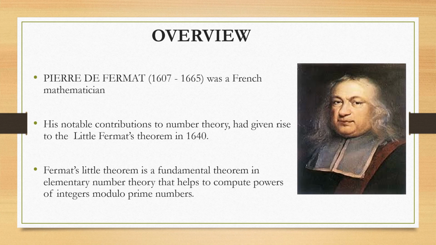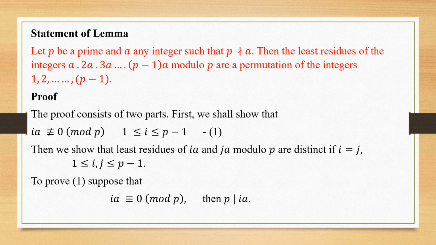Fermat's Little Theorem is a fundamental theorem in elementary number theory used to compute powers of integers modulo prime numbers. What we did under Wilson's theorem was factorial numbers. Here we will be having powers of integers. Okay, let's move on to the presentation.